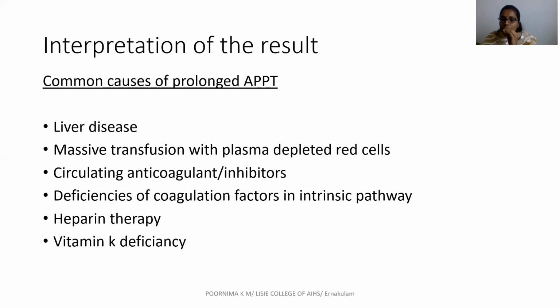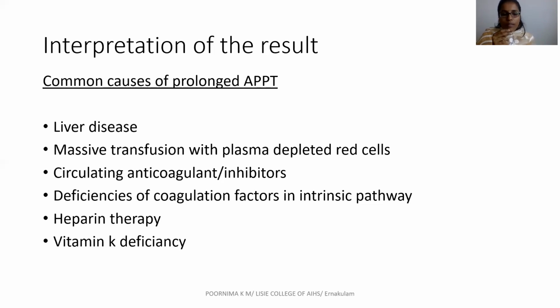Heparin is an anticoagulant which is mainly used to treat clotting disorders. Such patients would be treated with heparin. This heparin interferes with many of the coagulation factors, so once that has happened, those coagulation factors cannot act properly. So APTT will get prolonged.